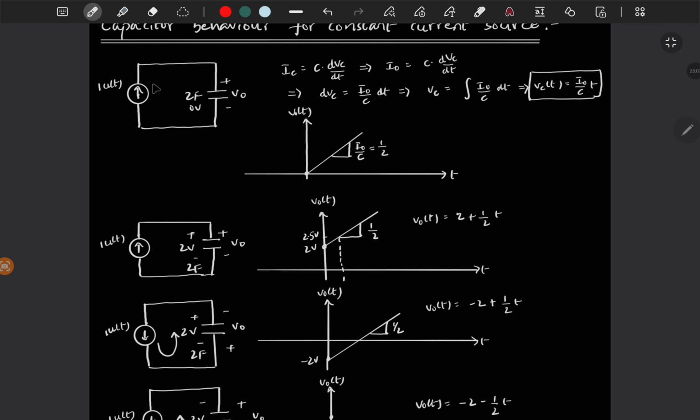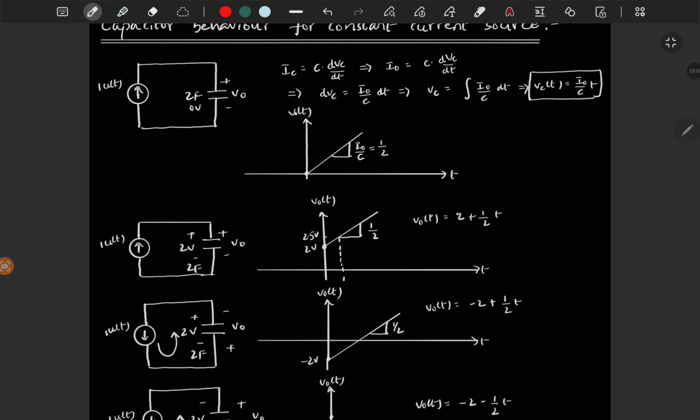So if you open circuit the current source, then you have a capacitor and an open circuit. Open circuit in the sense R equivalent is infinity. So C equivalent times R equivalent is infinity, which is nothing but the time constant is infinity. I am saying the time constant is very high.